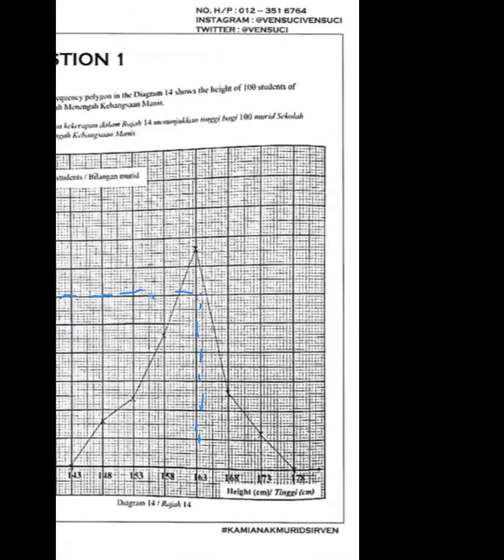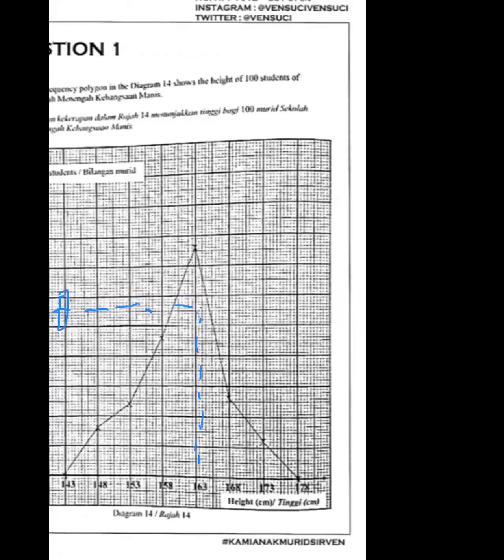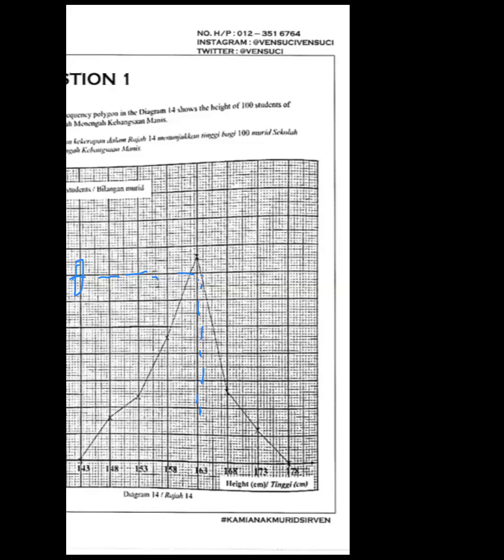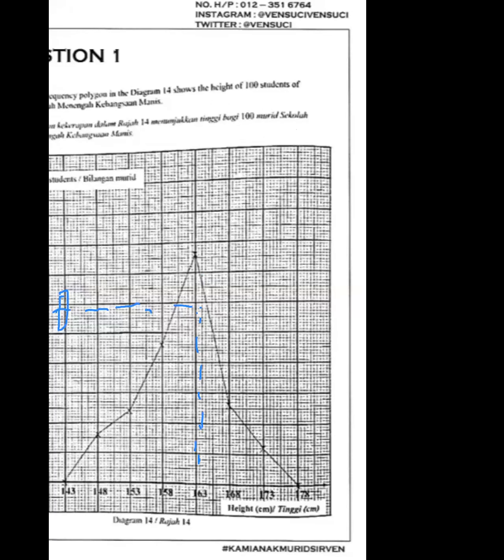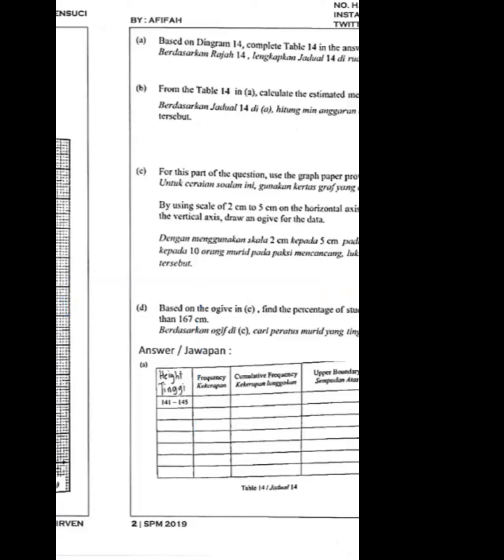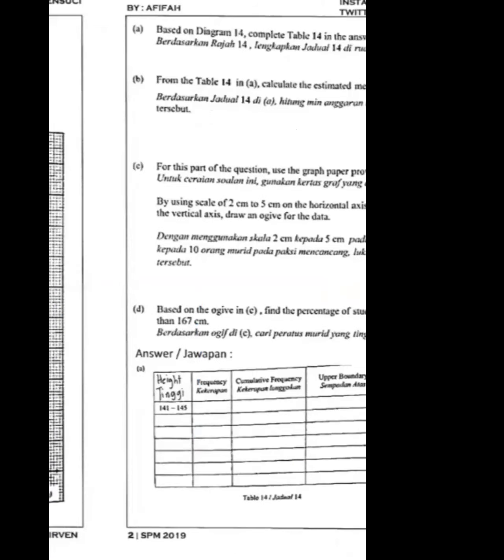Okay, and then you just look at the y-axis. Once you see where it points to, then you know the y-axis number. Yeah, just like that. Later you can ask me if you don't know about 1D.